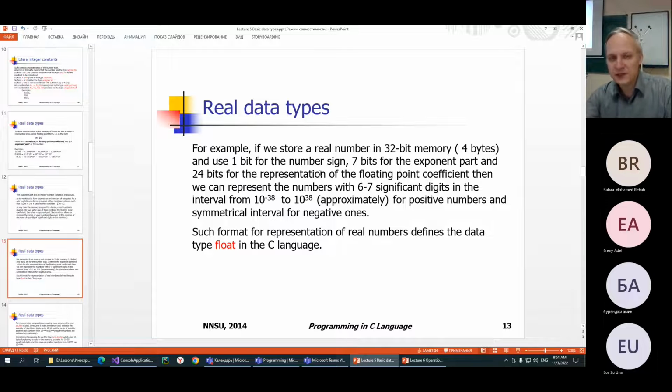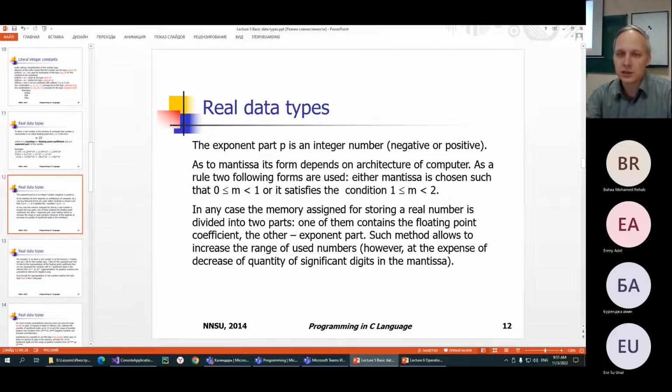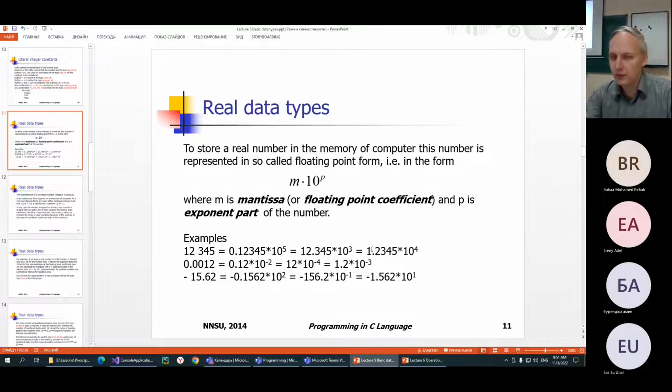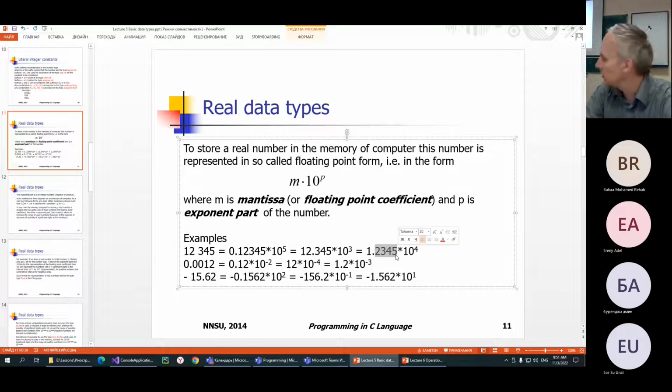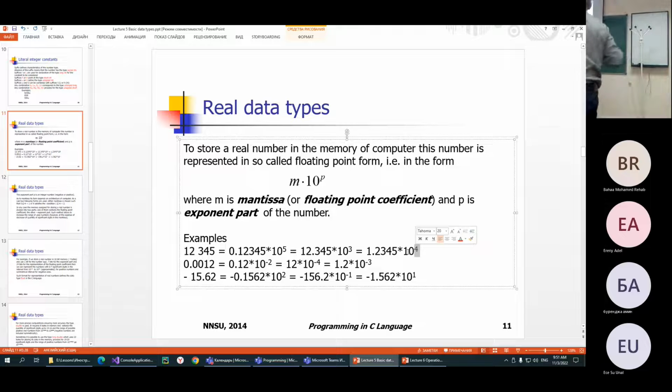If we store a number in this form, the main question is what the number of digits after the decimal point in the mantissa is, and what the largest power of 10 is. When we store this number, it's enough to store just m and p.